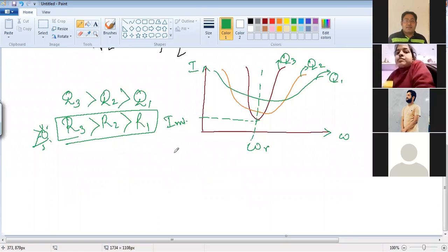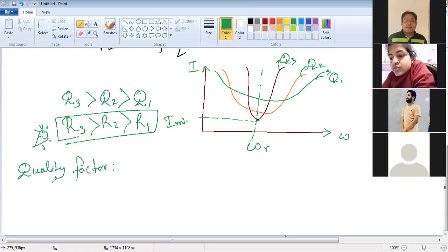Now what is the quality factor? Quality factor means 2 pi into energy stored per cycle divided by energy dissipated per cycle.